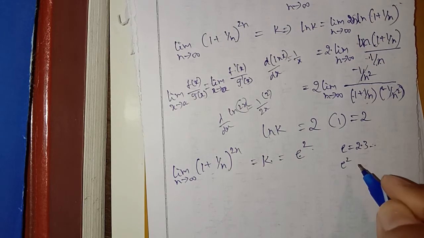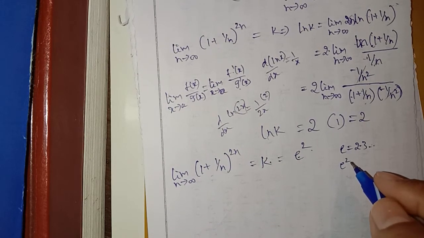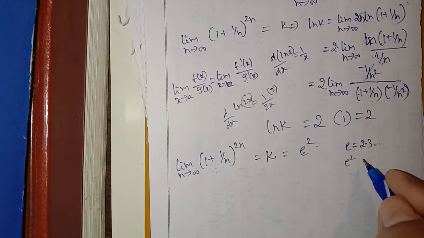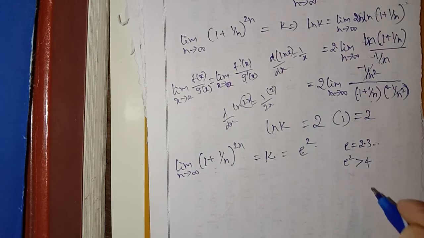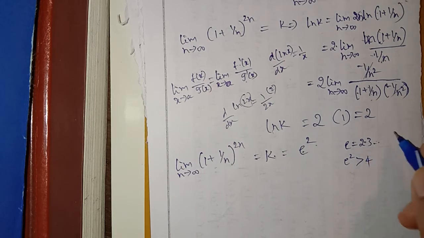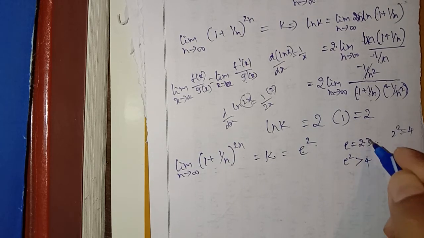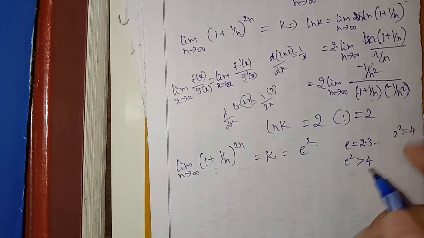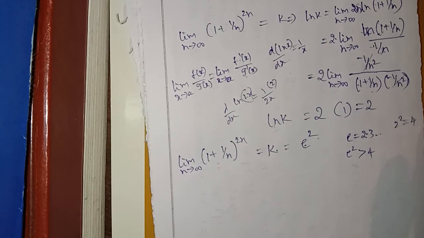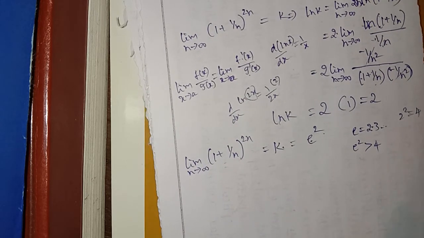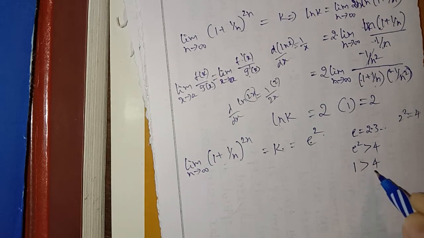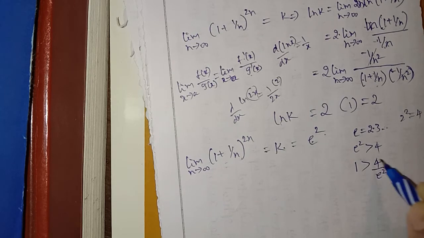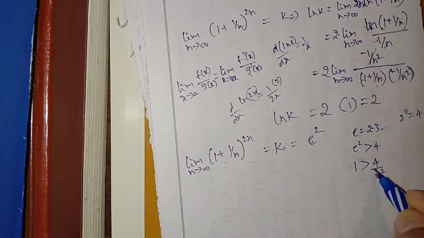So e^2 is greater than 4, because 2 squared is 4, and 2.3 squared means it is greater than 4. So 1 is greater than 4/e^2. So 4/e^2 is less than 1.